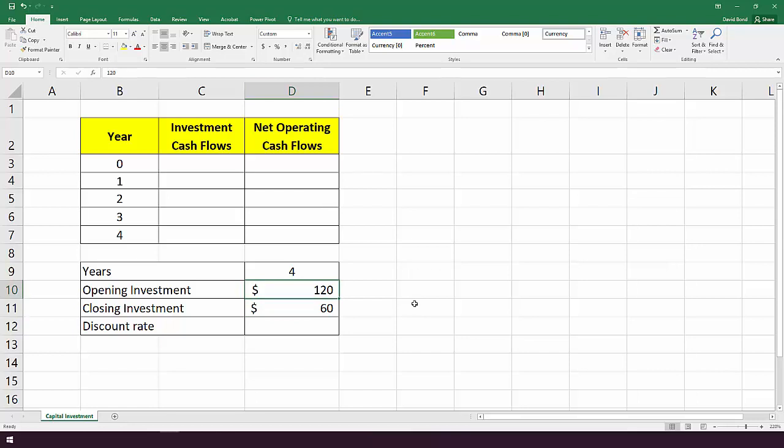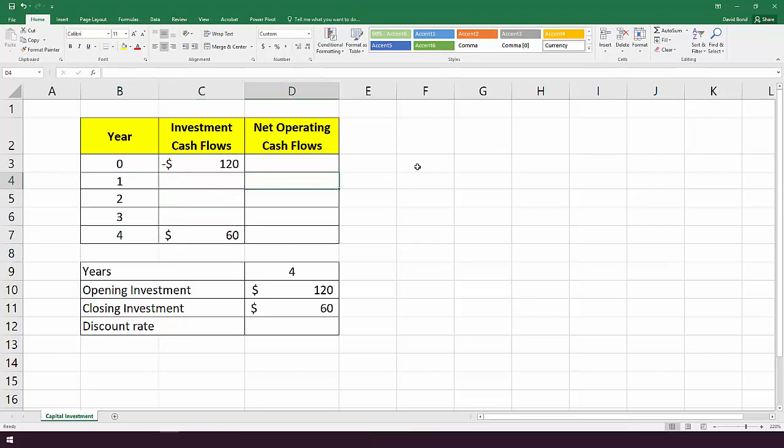It's worth 120 million to start with, and it is going to be able to be sold for 60 million at the end. So there is going to be some closing cash flow from it. So we're going to put these in here. So we've got an opening cash flow, or a starting investment cash flow at time 0 of negative 120, and at time 4 it is 60.